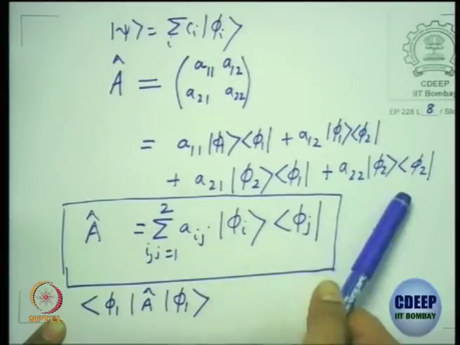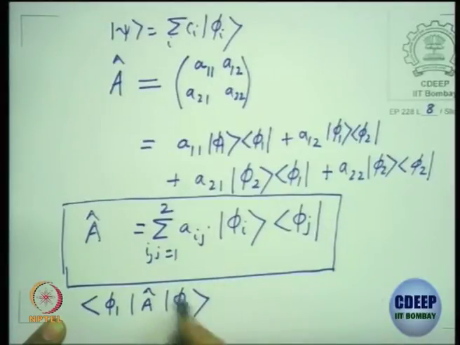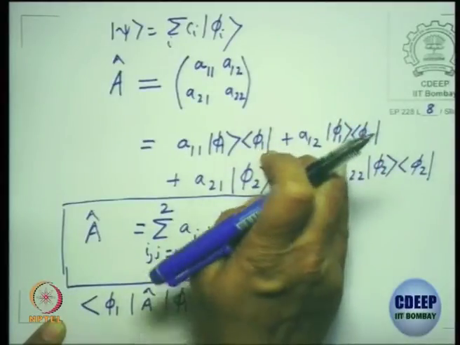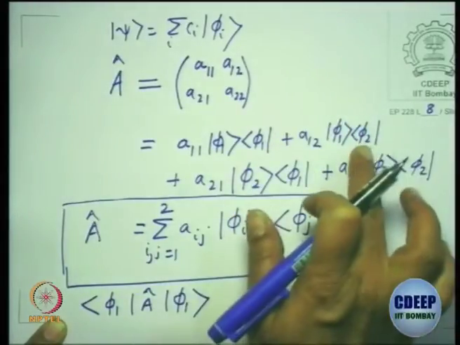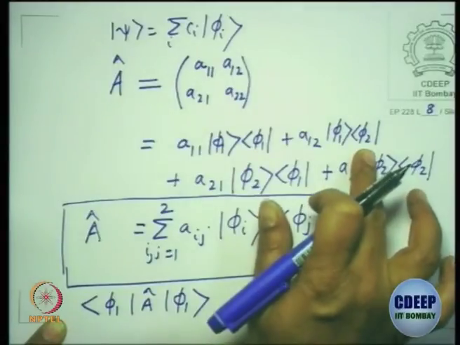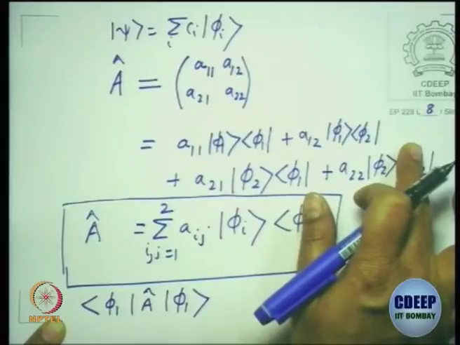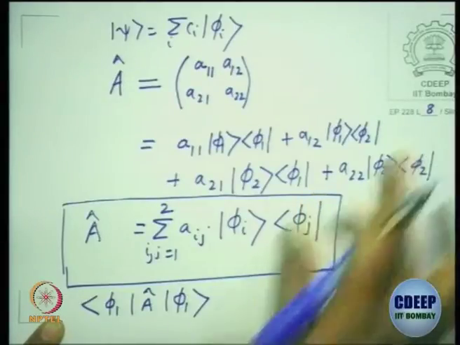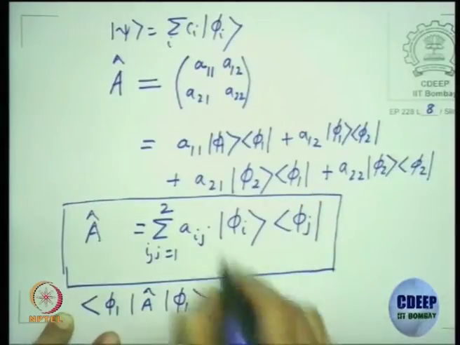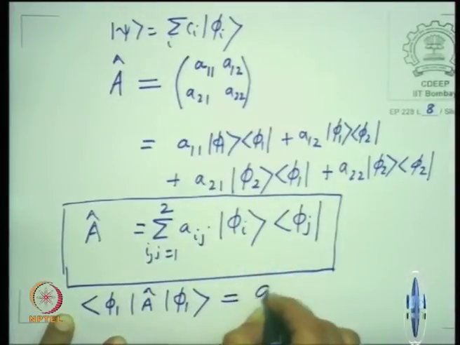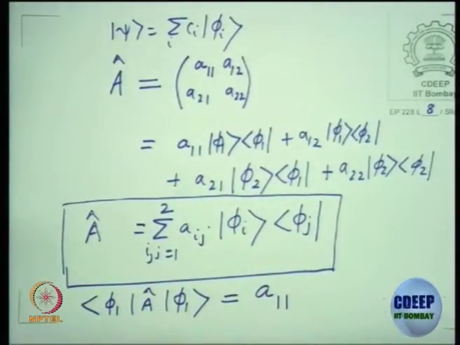What happens to this term? Phi 1 will be 0. So, what do we get from here? The only non-zero element will turn out to be A11.